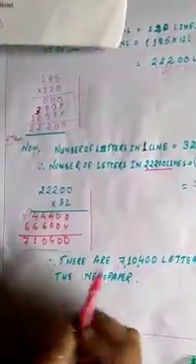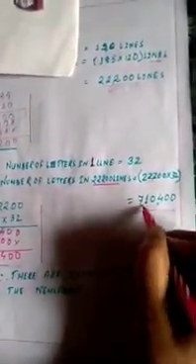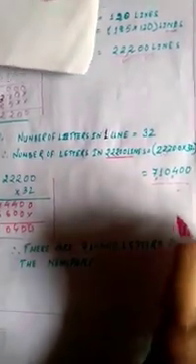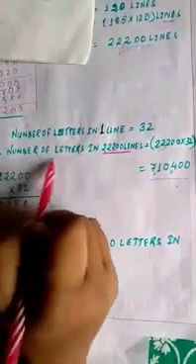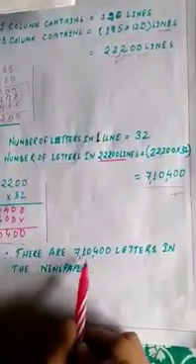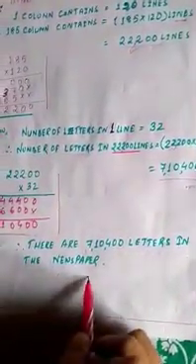So it is our product. That means our result is 7,10,400. Okay, so this is the number of letters in the newspaper, and this way, there are 7,10,400 letters in the newspaper.